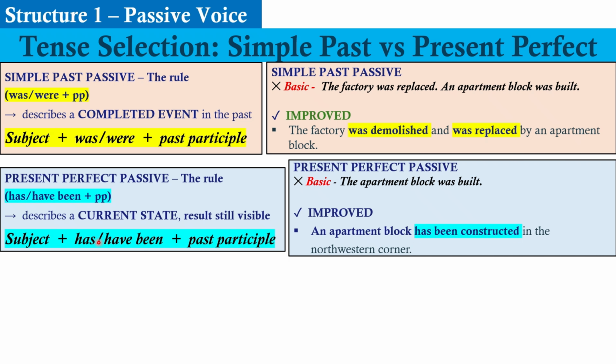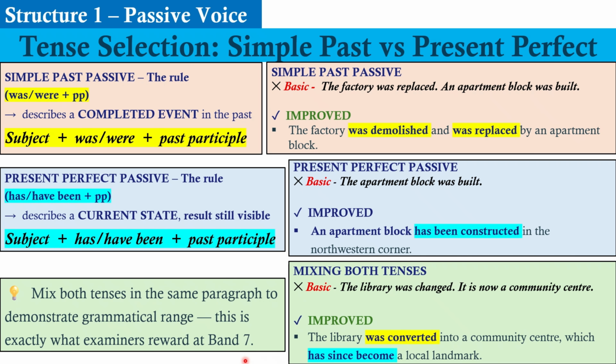Look at the examples on the screen. The factory was demolished. This describes the historical event. An apartment block has been constructed. This highlights the current outcome of the change. Now look at the final example, where both time perspectives are combined. The sentence, the library was converted into a community center, uses the simple past passive to describe the completed change.